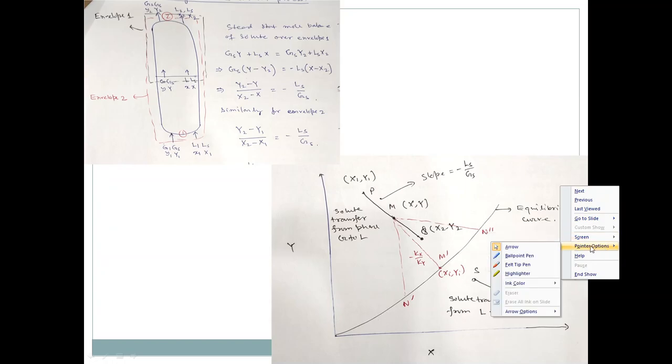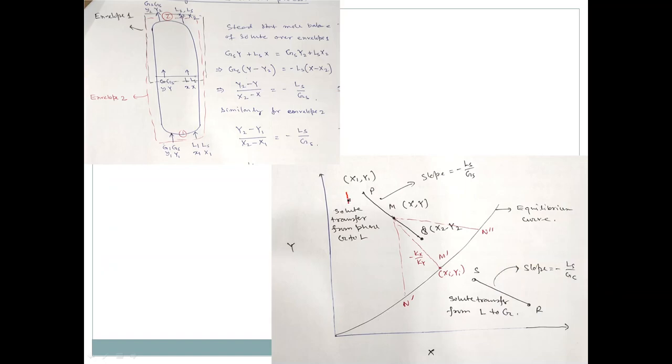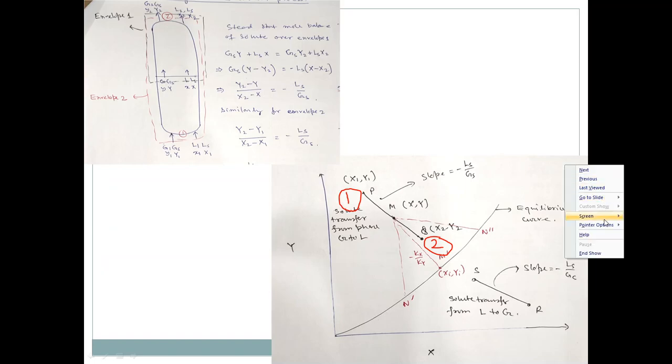At point 2, Y2 is lower and X2 is higher. So Y1 is high but here X2 is high and X1 is low. And here the transfer is happening from the G phase to the L phase.